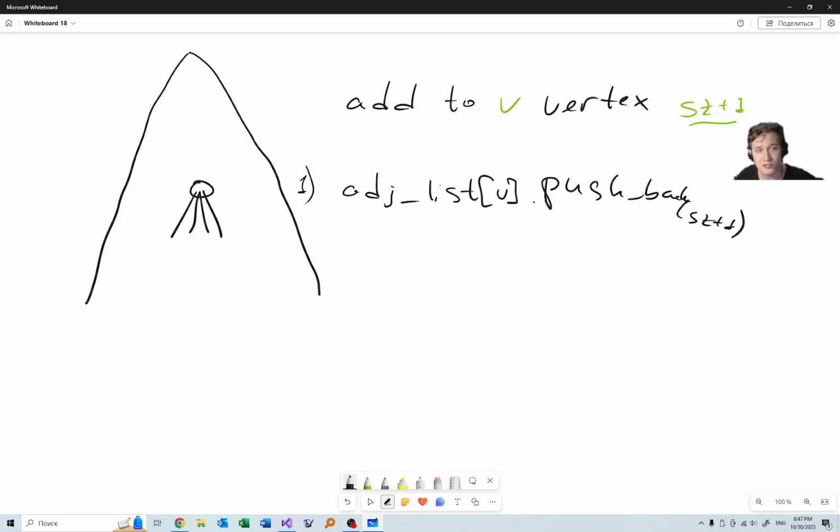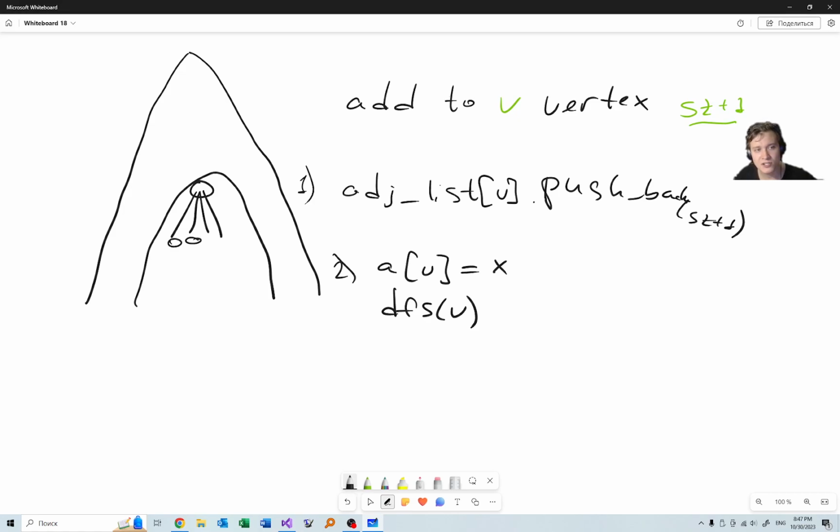Sadly, the second operation is slow. In this you need to add this value x to v, but also you need some sort of DFS to traverse the subtree of v and to add x to each of its direct children and indirect children, which are called, no, not ancestors, successors, I think.